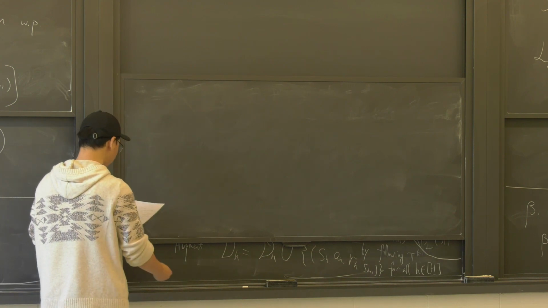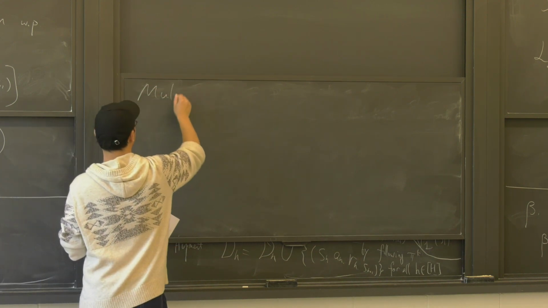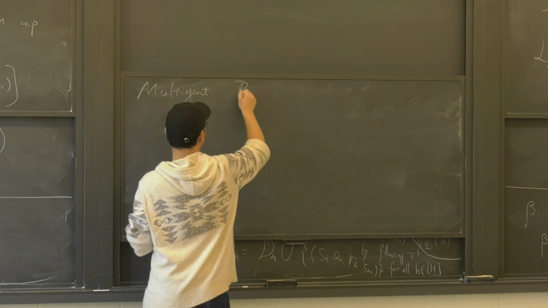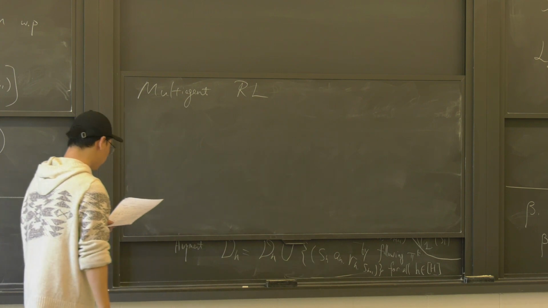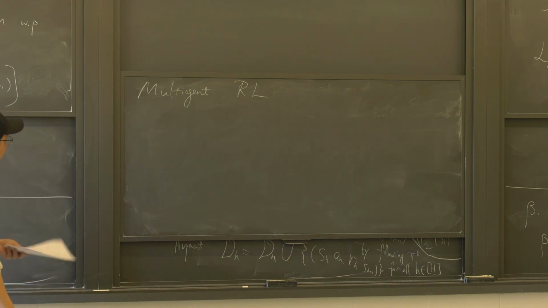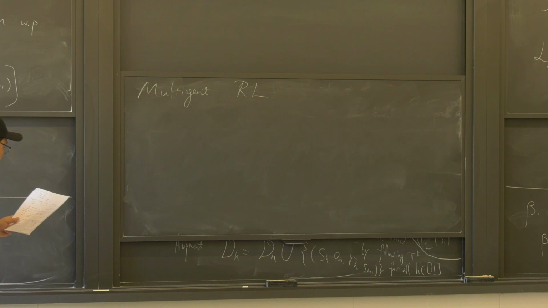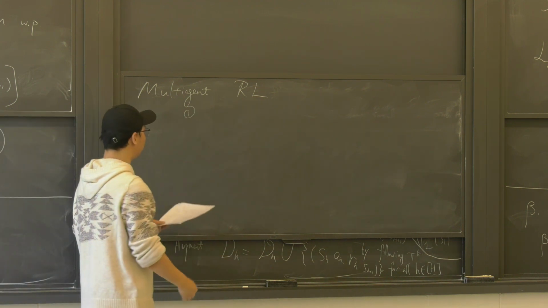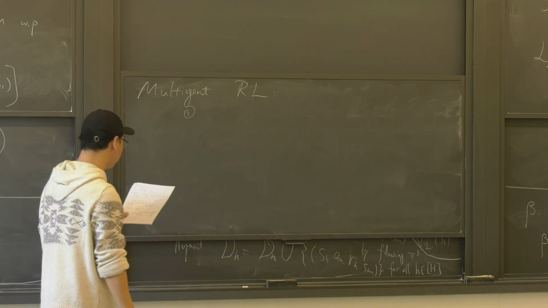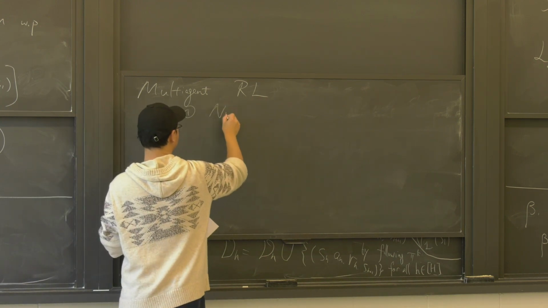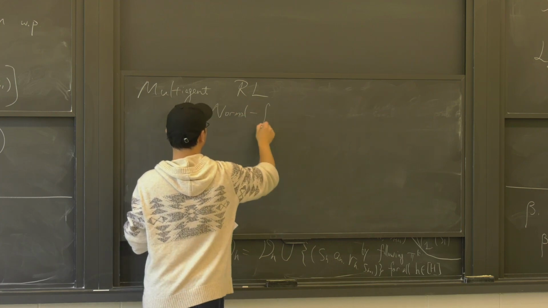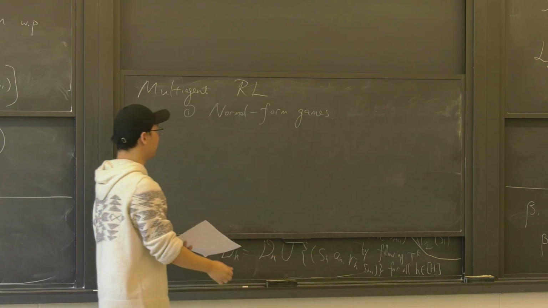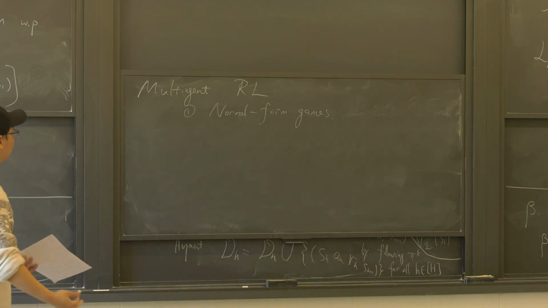Okay. So, multi-agent reinforcement learning. Here we're specifically talking about two models, as a bit of an overview. That is normal form games, which you can essentially think of as the counterpart of bandits in the multi-agent scenario.